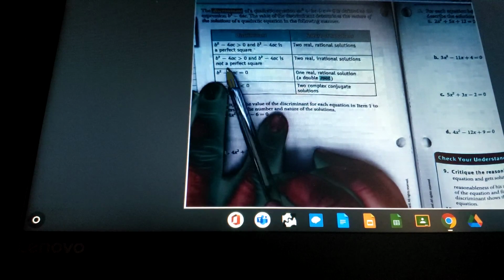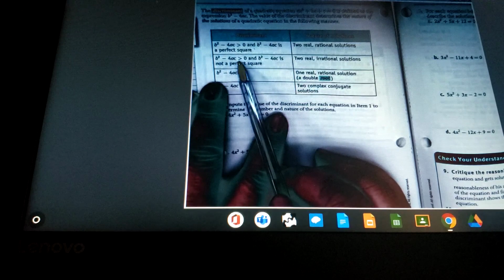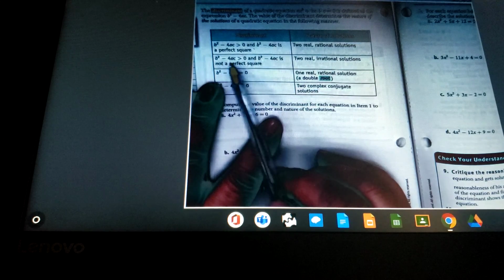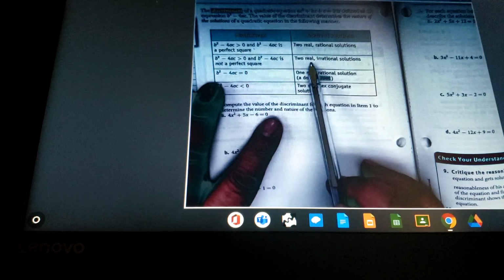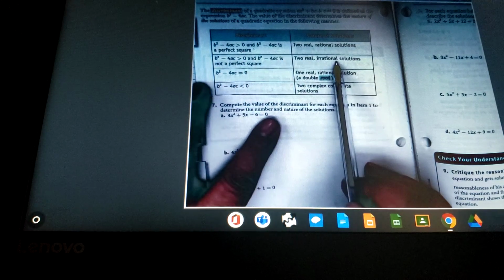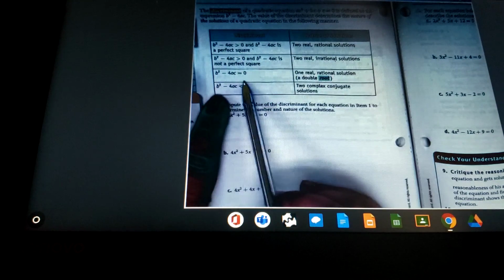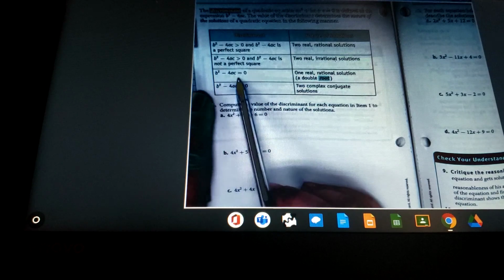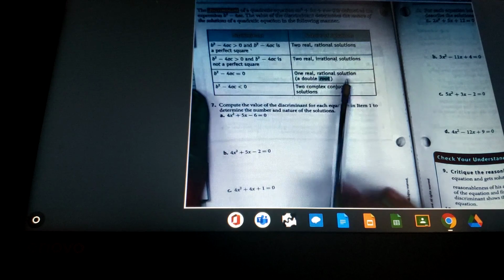Here, we have two real and irrational solutions. Here, if it is equal to 0, one real, rational solution, of course, one real number only.